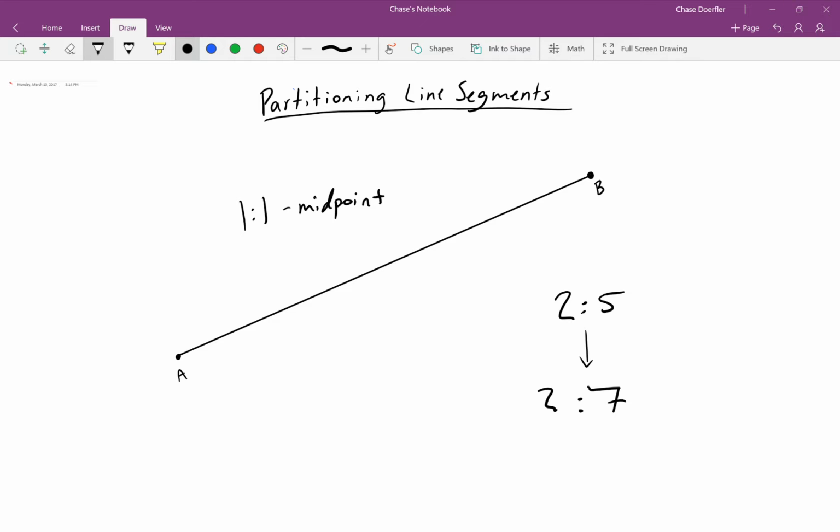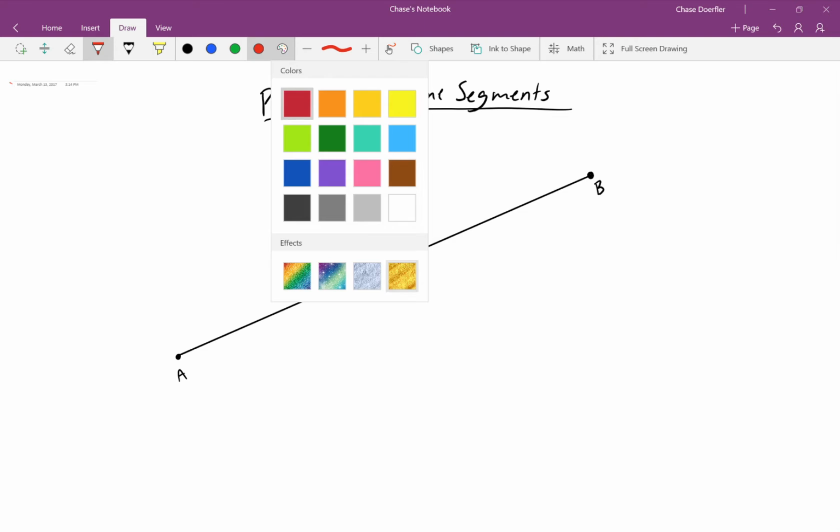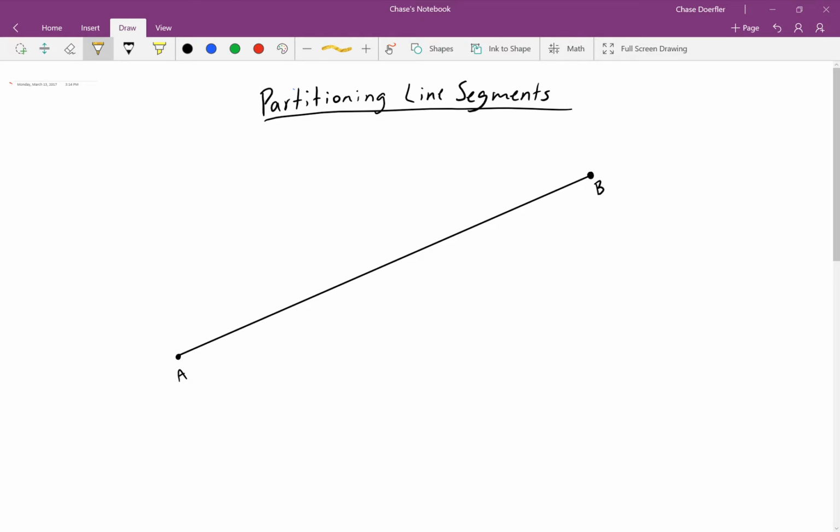And now I'm going to give you the method that I use to find the coordinates of a point that partitions a line segment in a certain way.